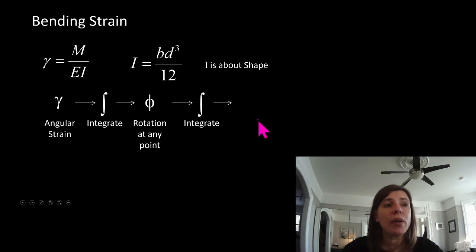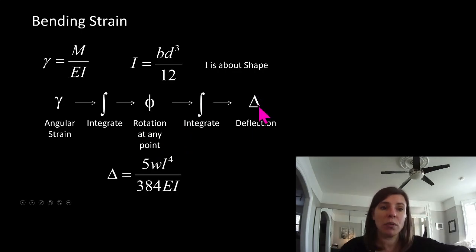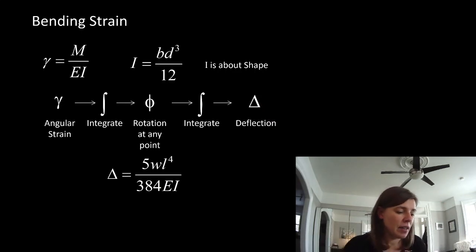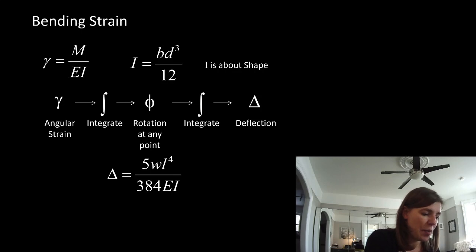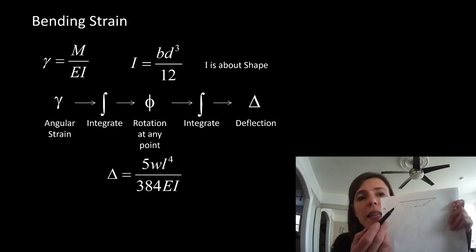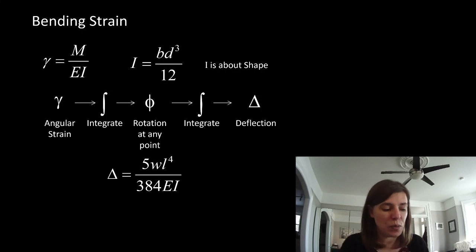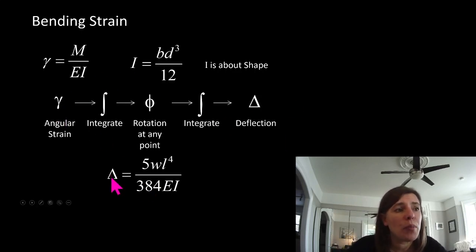We can integrate again, and then we can find the actual amount the object has deflected based on that angular strain. So if we have a beam that's bending, you can see that there's an angle there, and that is part of this process.